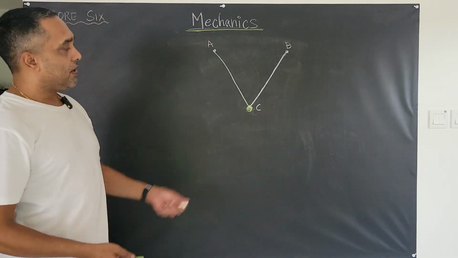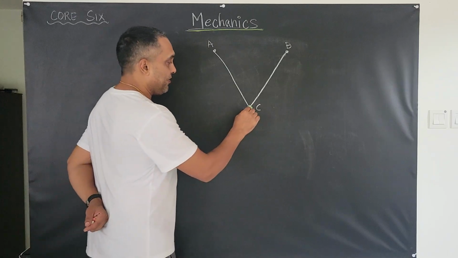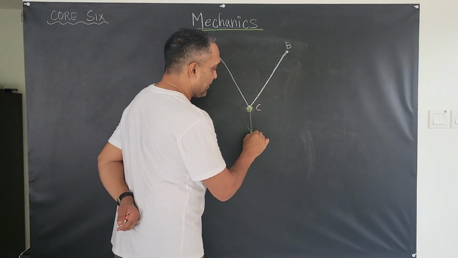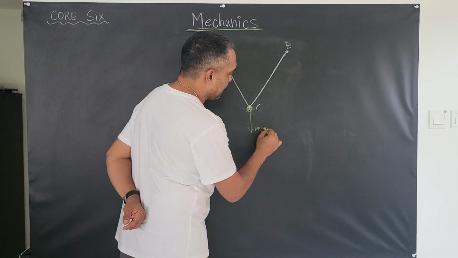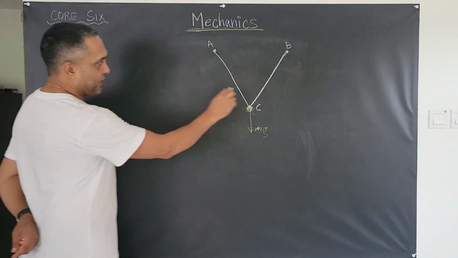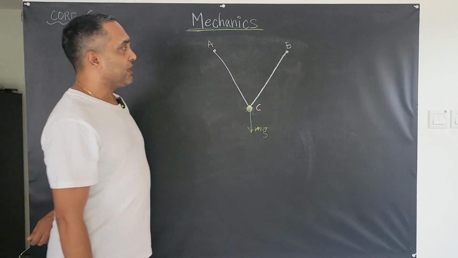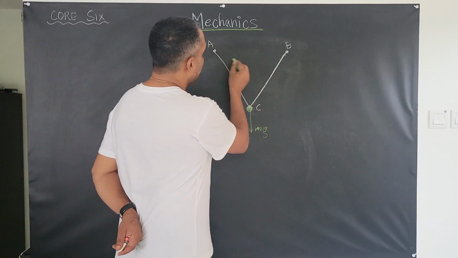So what's going on here? If this is staying in equilibrium, we know there is mass times, we know that. Easy. But now we have two forces, and how do we represent this in a free body diagram? So let's just say equilateral triangle.